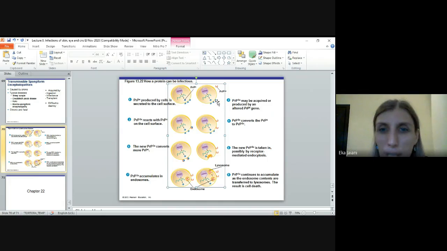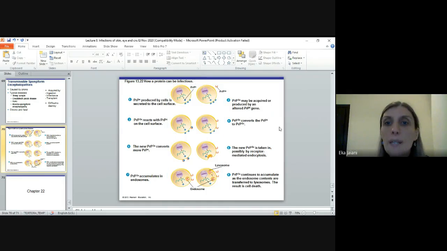The abnormal interacts with the normal, and the normal becomes diseased, and then these two can interact with the normal ones, and they also become abnormal. The presence of abnormal prion proteins leads to apoptosis of neurons. Programmed cell death is switched on, and the neurons die.